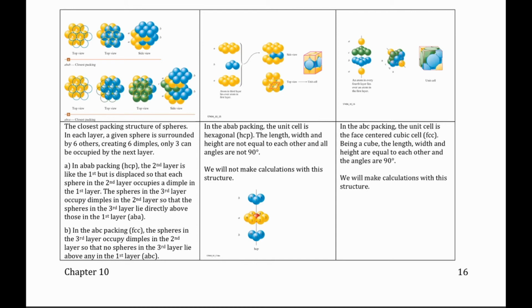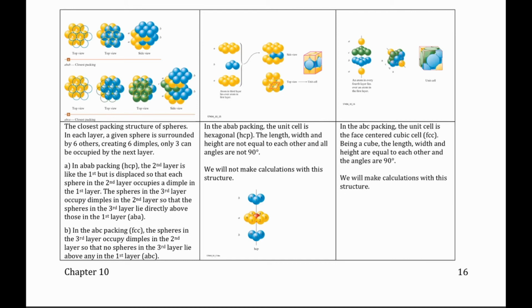In each layer, and the layers are given by the yellow balls, the blue balls, the green balls, a given sphere is surrounded by 6 others, creating 6 dimples. So the dimples are the little divots where the balls are touching each other.